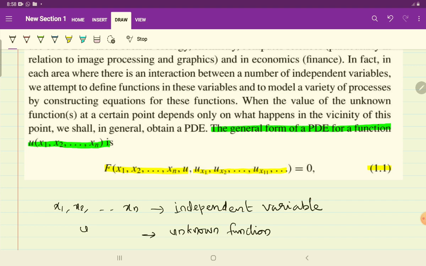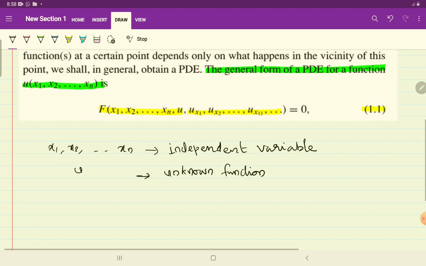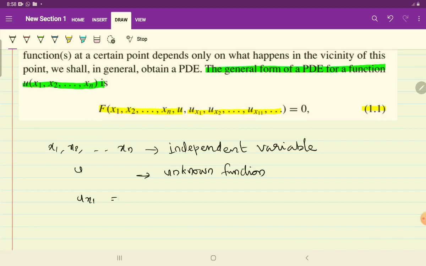Here u_x1 means dou u by dou x1, u_x2 means dou u by dou x2, or in general u_xi means dou u by dou xi for i equal to 1, 2, 3, etc., up to n.